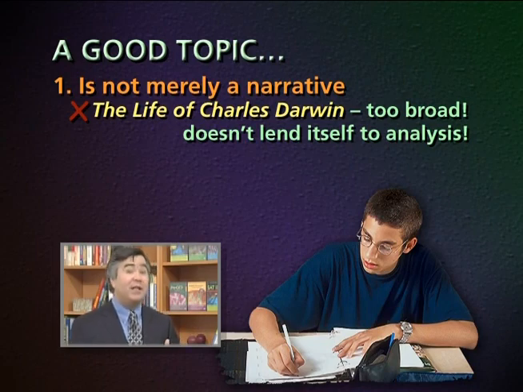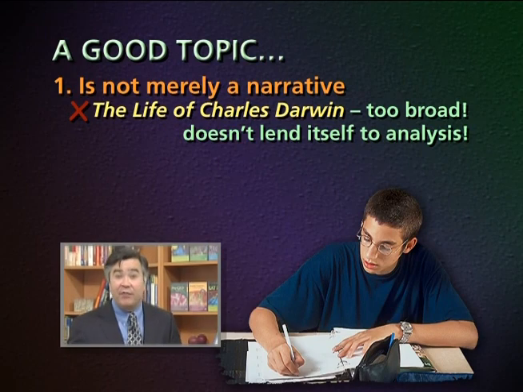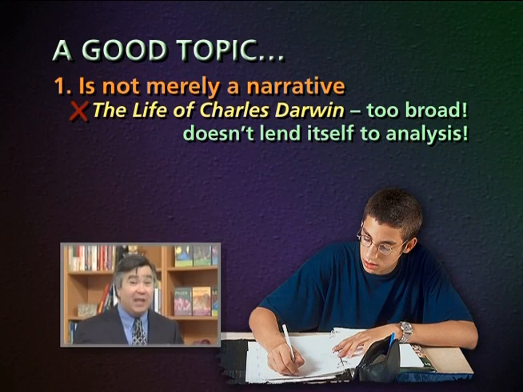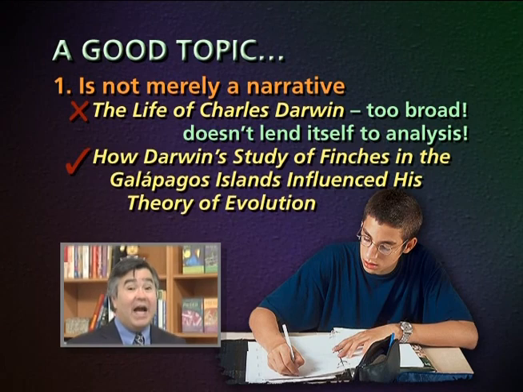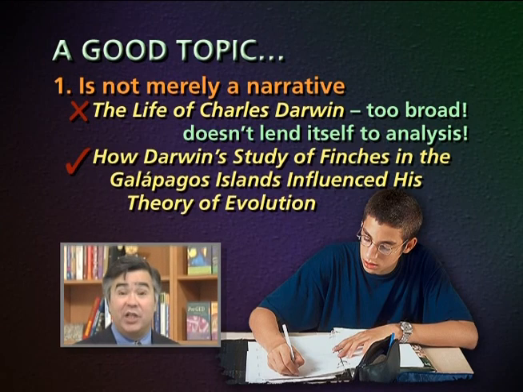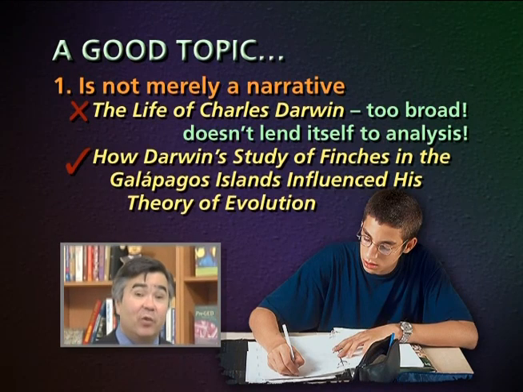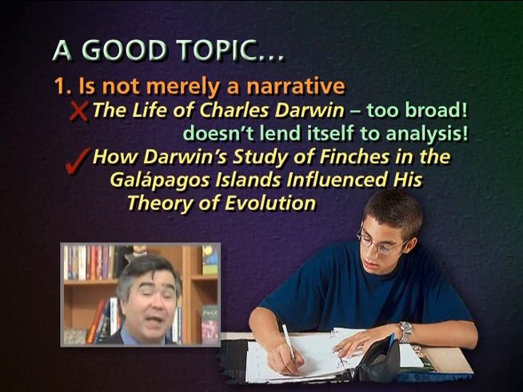Remember, the whole point of a research paper is that you're supposed to express your own ideas, a fresh take on a particular topic. So merely recounting someone's life doesn't work very well as a term paper or research paper topic. Instead, how Darwin's study of finches in the Galapagos Islands influenced his theory of evolution would make a much better topic.